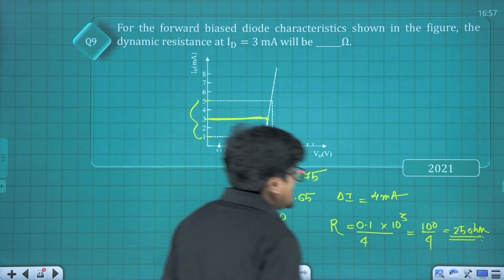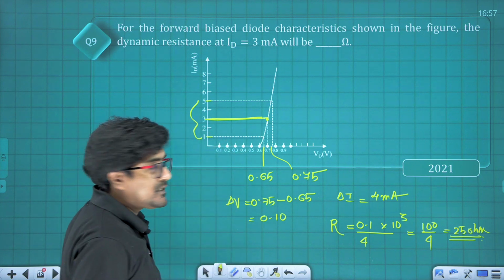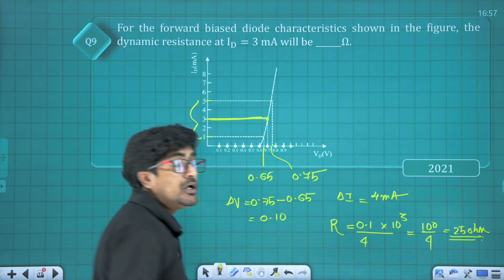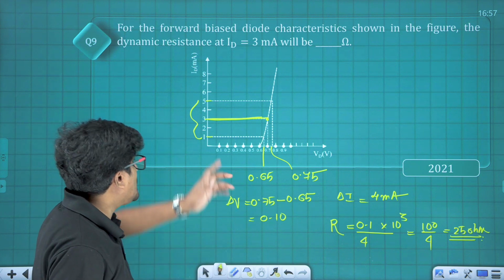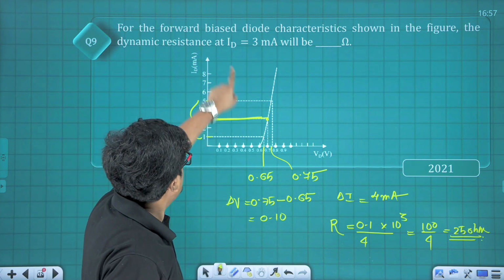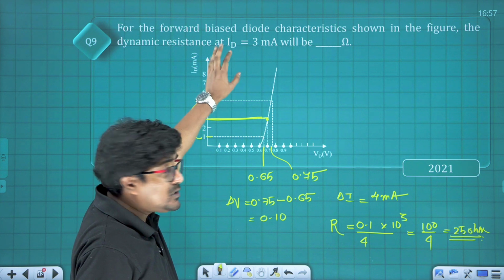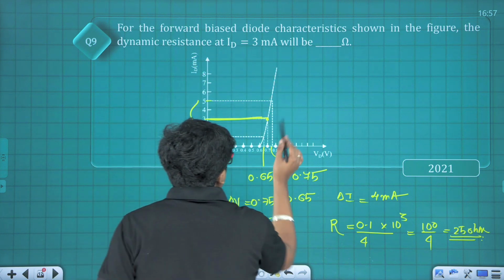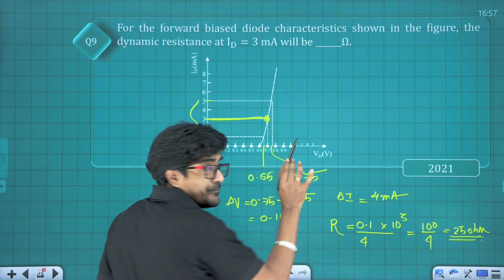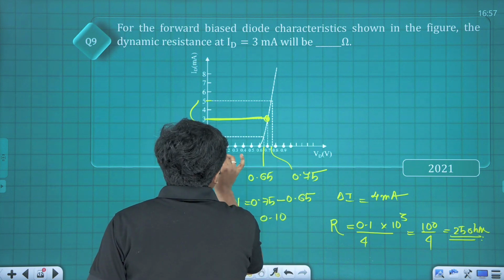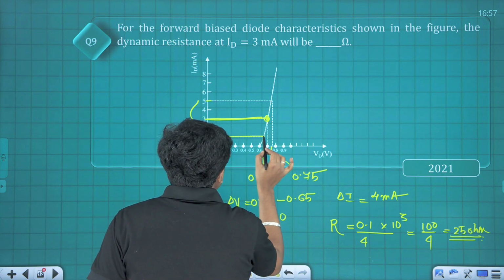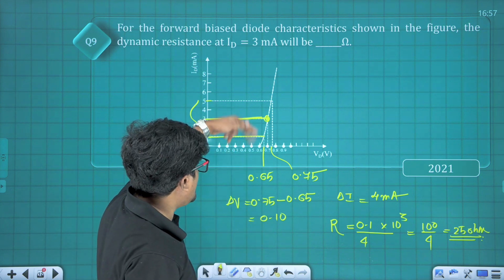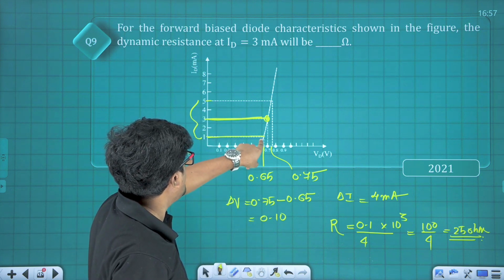So the dynamic resistance here for the given circuit, once the current was 3 milliampere, is 25 ohm. I repeat what I did. The current which was told to me to identify the dynamic resistance was 3 milliampere. So I spotted that, and across that, a perfect variation that I can identify is the variation from 1 to 5. Around 3, the variation can be spotted from 1 to 5.